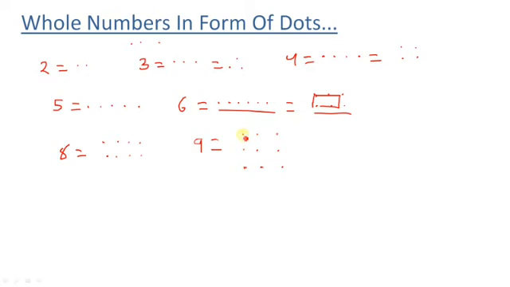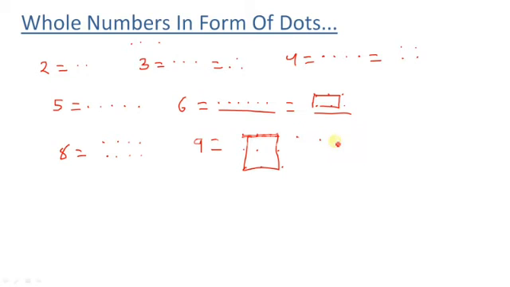Why will it represent the square? Look, what do we know about a square? Square means all the sides are same, right? Now here 2 distances are there, from first dot to second, then second to third, and here also 2. Similarly, this is a square. Okay, 9 can be represented in the form of a square.